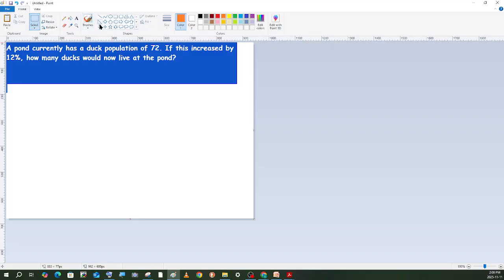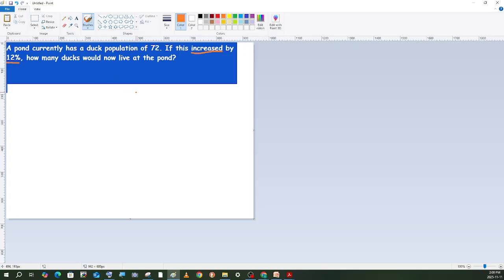Let's begin by asking ourselves what a percent increase is actually telling us. In this question, they told us that the duck population increased by 12%. These are important pieces of information, so I'm going to underline them.